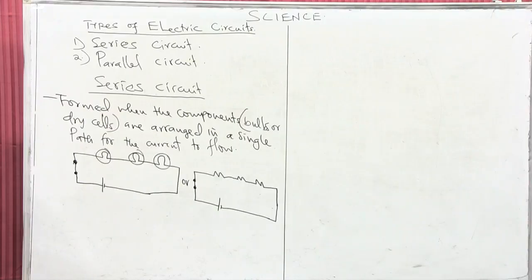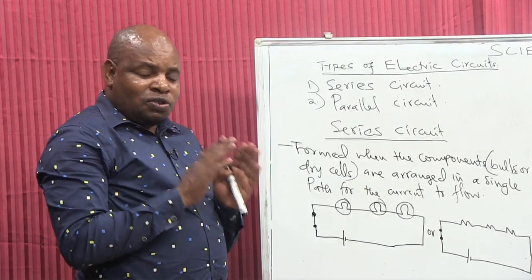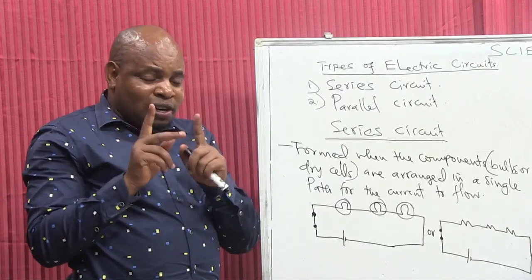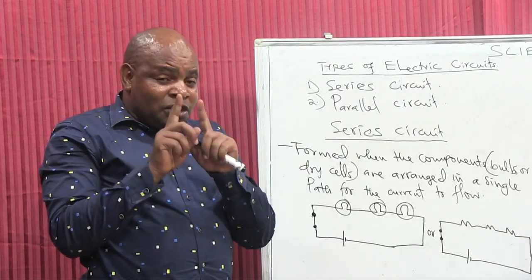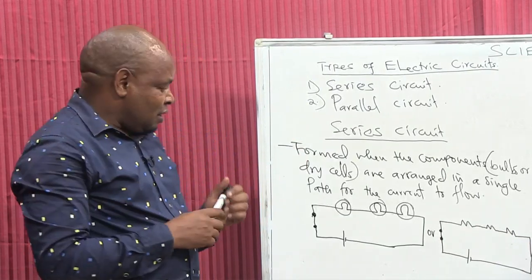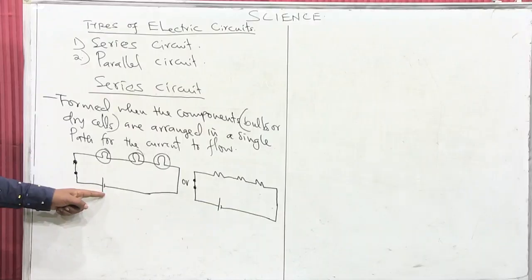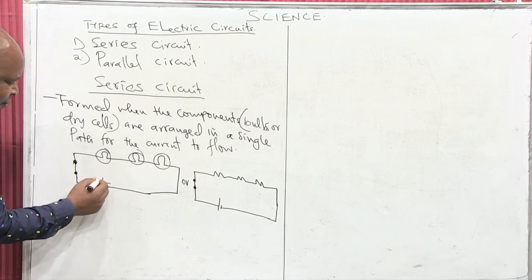You have to know the current flows from which direction to which direction. You know current is the flow of electrons, but the two, current and electrons, flow in opposite directions. This is our source of power, the dry cell. This is the negative terminal, and this is the positive terminal.